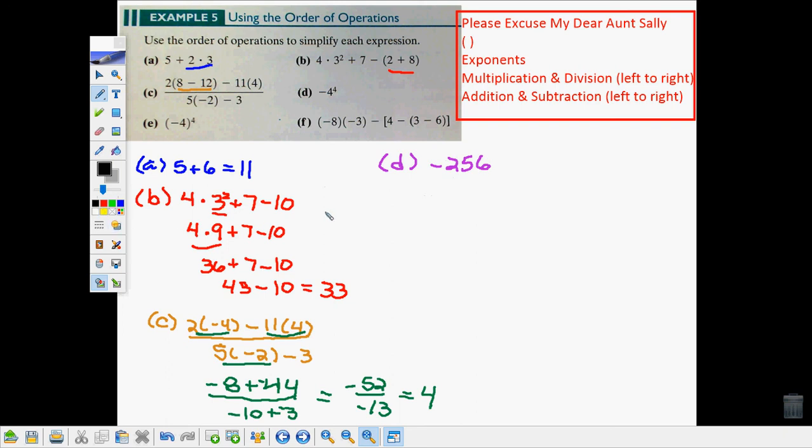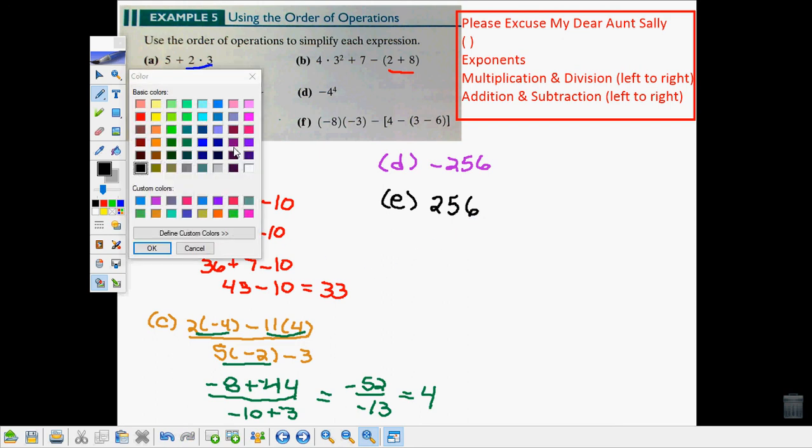But for part E, because the negative is in parentheses, you do negative 4 times negative 4 times negative 4 times negative 4, you end up with a positive 256. That negative doesn't stay in the front. That negative does not stay in the front because we put the negative 4 to the 4th power.